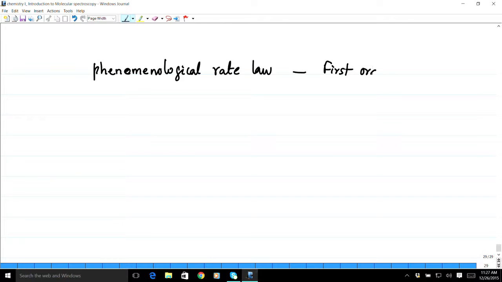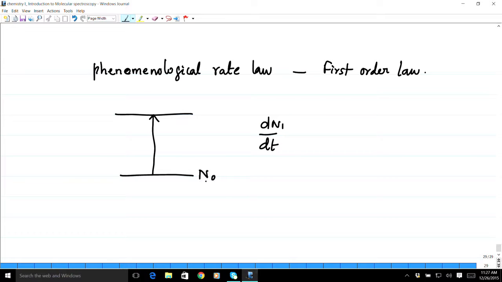First order rate law is also what is followed by most natural processes, and here in thermal equilibrium, suppose we talk about dN1 by dt, the rate of formation of N1 from N0, then that depends on N0 as well as on the radiation intensity or radiation density rho nu.